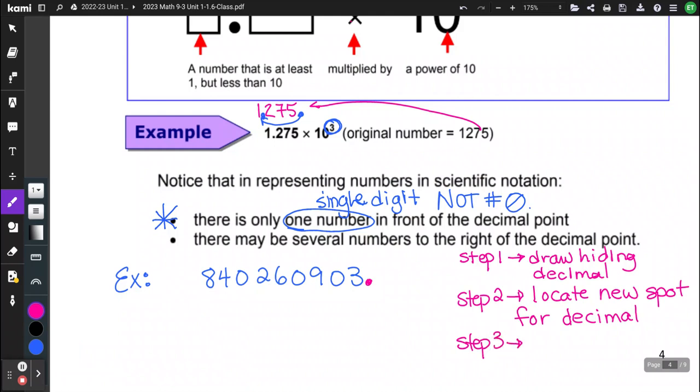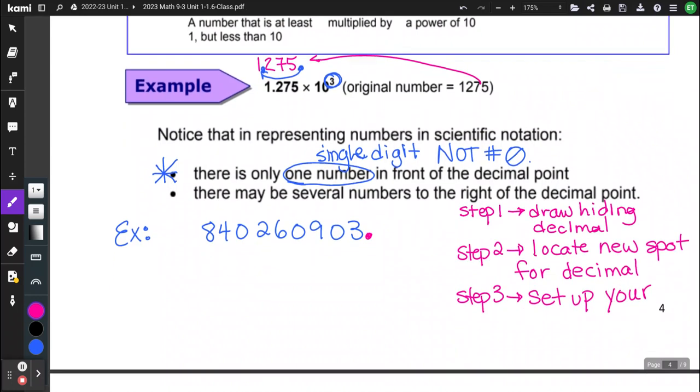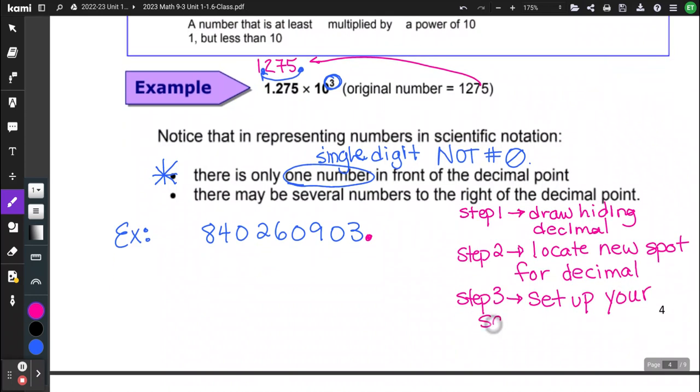Step 3: Set up your scientific notation.